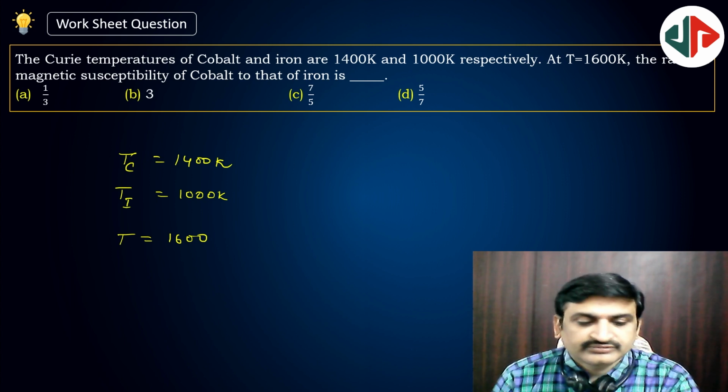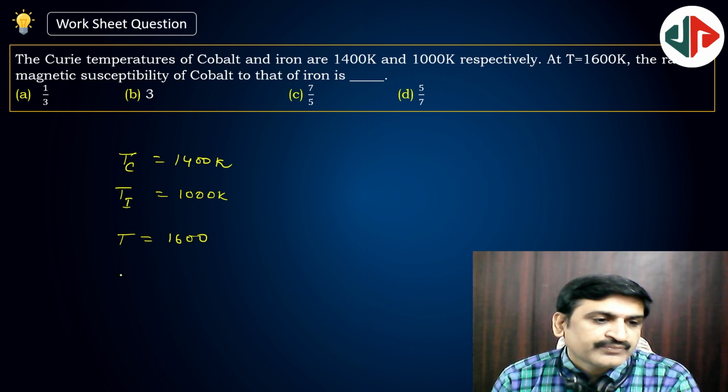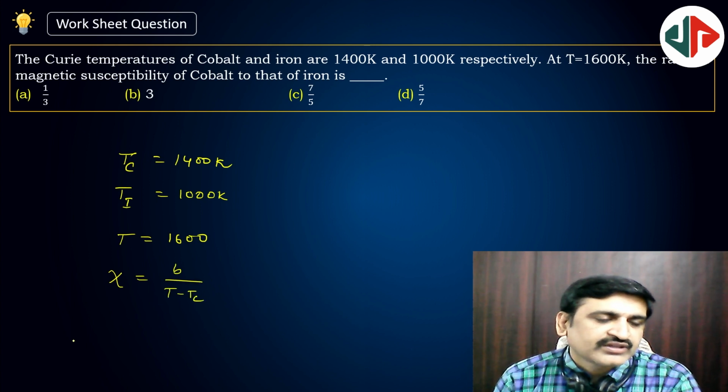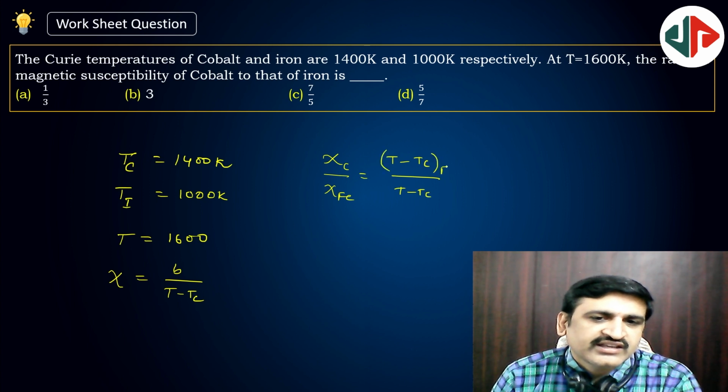We have Curie's law, that susceptibility is equal to some constant B by T minus Tc. So from this, chi of cobalt by chi of iron is equal to T minus Tc of Fe by T minus Tc of cobalt.